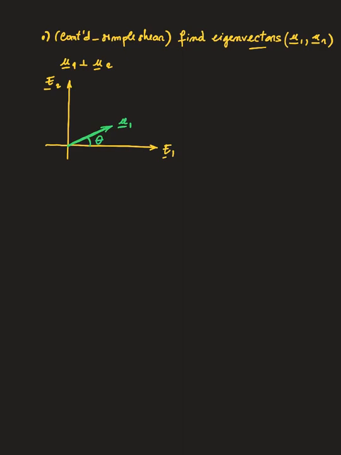And obviously, since u2 is perpendicular, then the vector u2 will be like this, and this angle will be again theta. So essentially you see that the problem of finding the eigenvectors boils down to finding theta. Once we find theta, we can express the two components of u. In fact, we can write that the vector u1 has components, for example, cosine theta along E1, sine theta along E2, and 0 along E3, right?